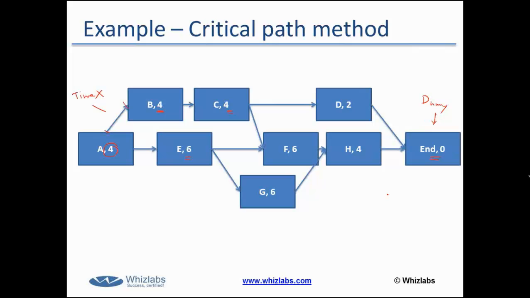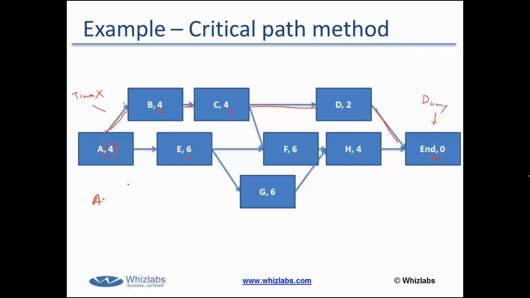Okay, moving ahead. Now, question to you. Can we find out the paths we have in this network diagram? Paths means from start to end, how many ways you can actually follow. I can see a path from A to B, from B to C, from C to D, and D to end.